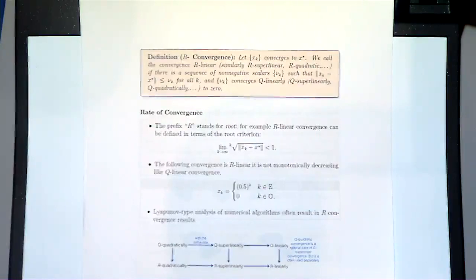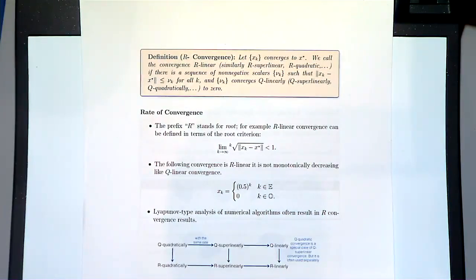We can have its close relative, R convergence, as well. R stands for roots. It has its origin there, but we don't need to worry about it. Really, you can think of the R in R convergence as standing for relative convergence.